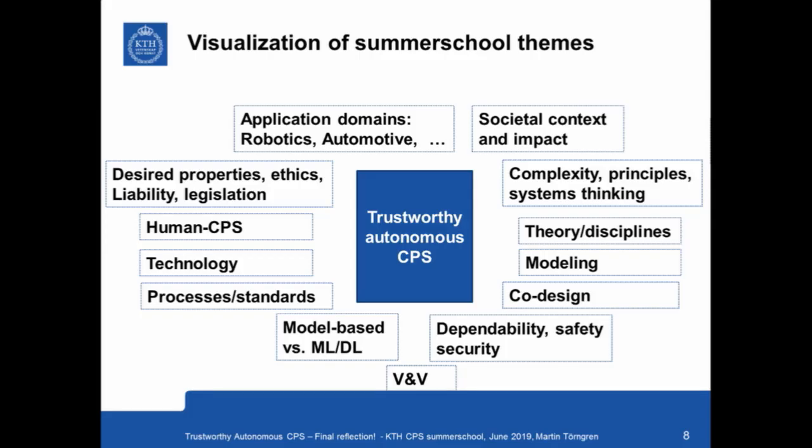We can talk about different types of CPS. Many systems will, of course, have humans in the loop somehow as developers, users, maintainers. Technology, all the different types of technologies. We have touched upon a number of recipes, processes, and standards.